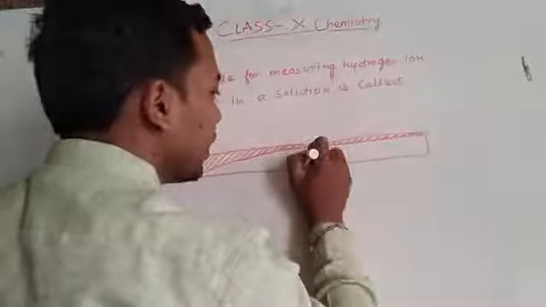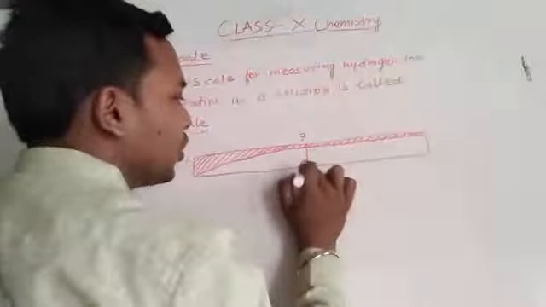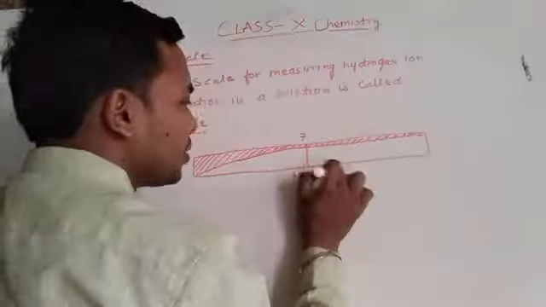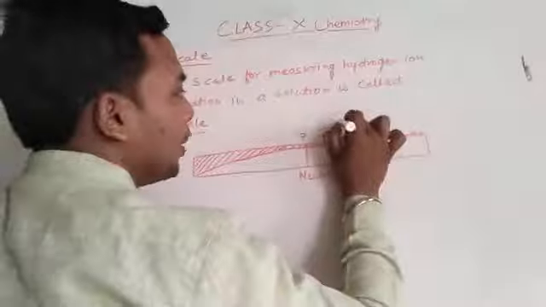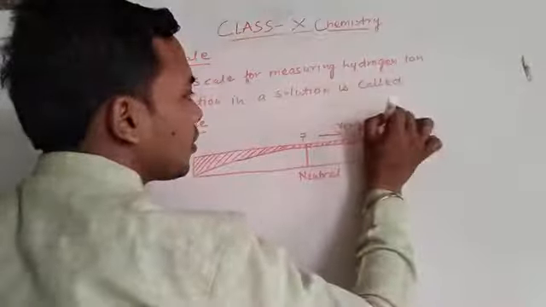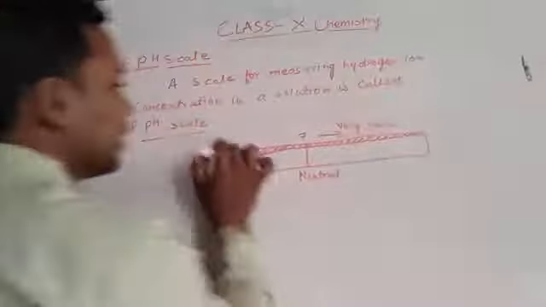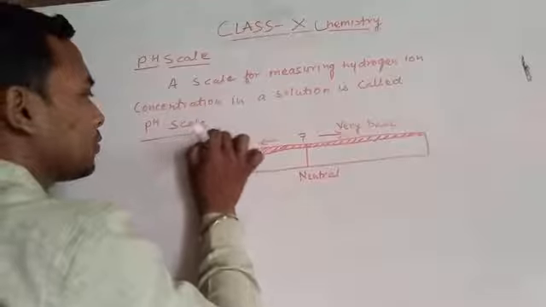In the middle there is 7, that is neutral, and here is very basic and here is very acidic.